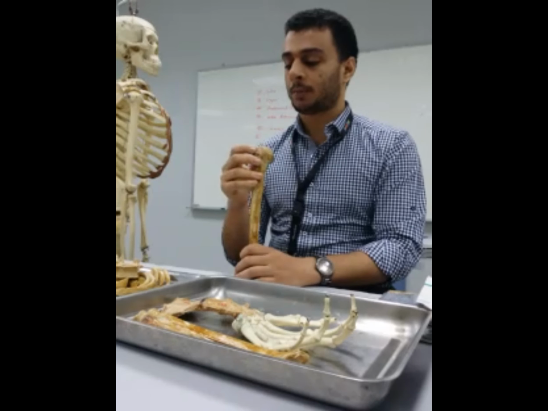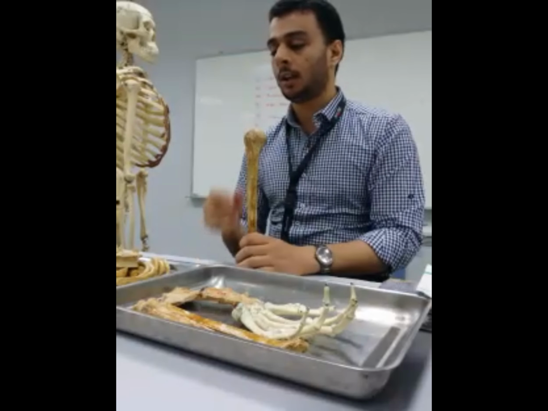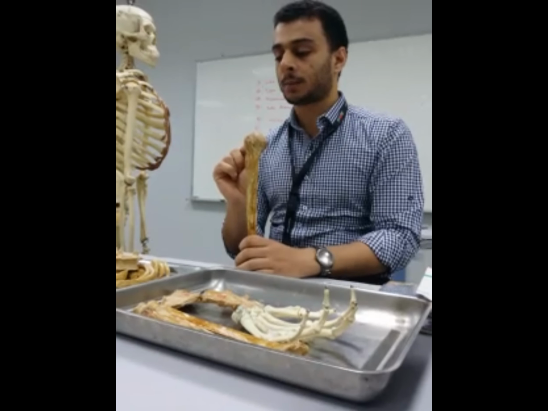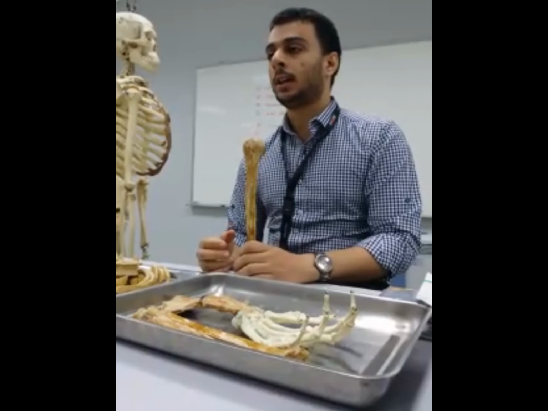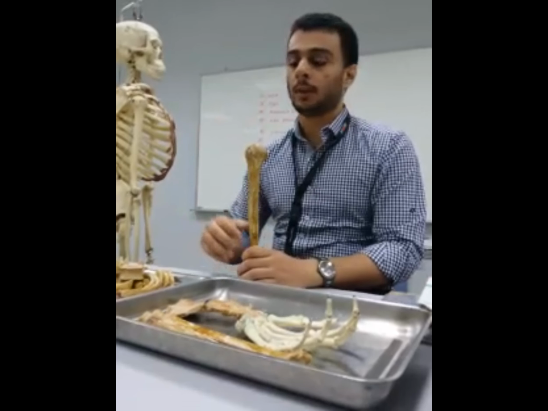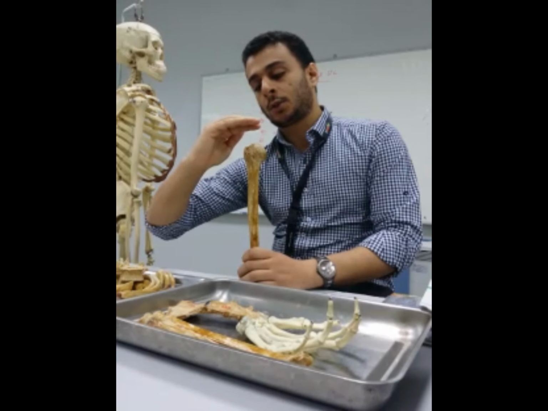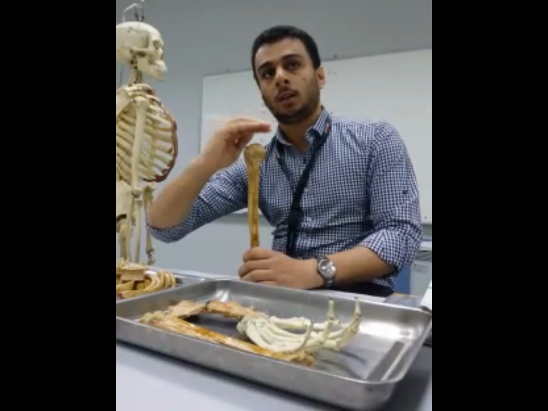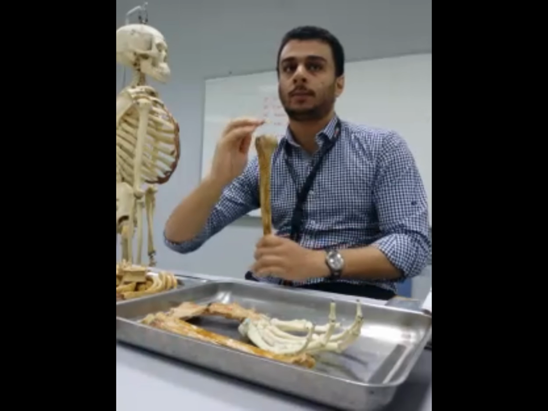That's why we call them SITS: supraspinatus, infraspinatus, teres minor, and subscapularis. These we call the rotator cuff muscles of the shoulder joint. Those muscles form like a socket to the head of the humerus. They prevent the upward dislocation of the shoulder joint.